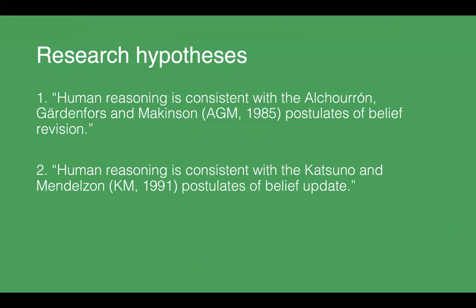We have two research hypotheses. The first one states that human reasoning is consistent with the Alchourrón, Gärdenfors, and Makinson, or AGM postulates of belief revision. The second research hypothesis states that human reasoning is consistent with the Katsuno and Mendelzon, or KM postulates of belief update.